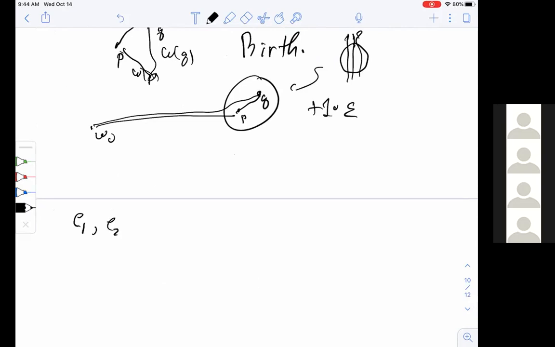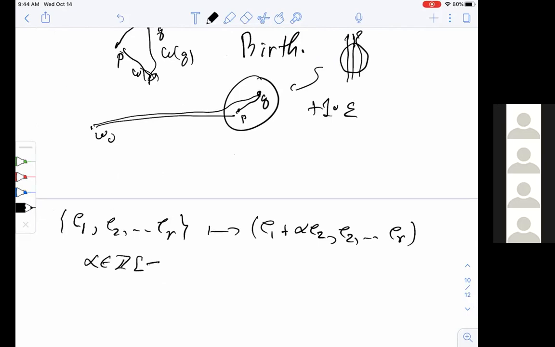So if I have a basis E1 up to ER, I need to replace it by, let's say, E1 plus alpha E2, E2 up to ER. Or, I mean, 1 and 2 could be anything, but let me just take those. Where alpha is an arbitrary element in the integral group ring.